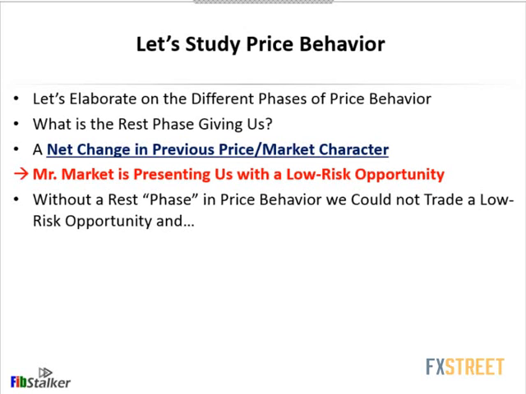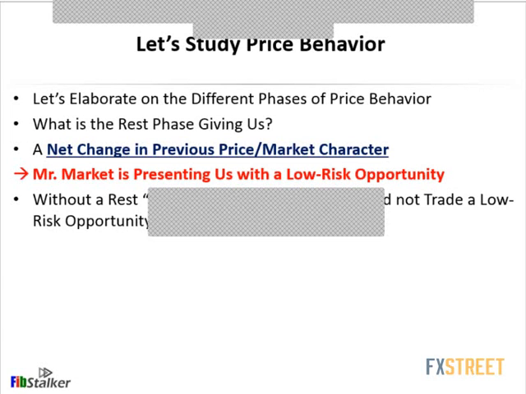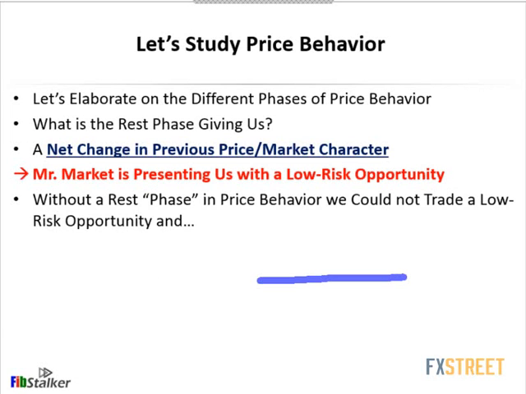And this is true also for other systems as well. For example, in my system, I look at 50% retraces, and I wait for the market to get into those levels. And that's the same concept, it's a low risk opportunity. In this case, in my model and the way I trade, all this is a rest, a consolidation before we get into the 50% level.